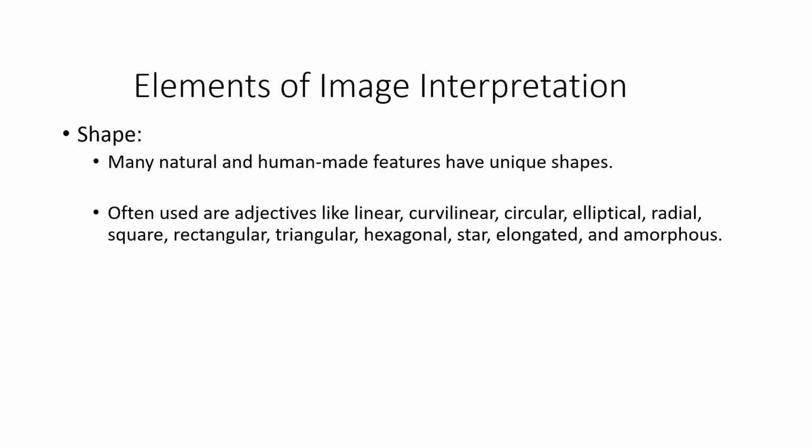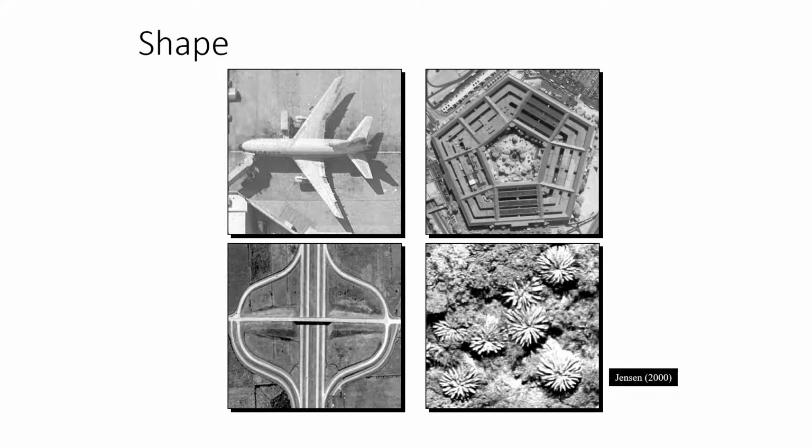When we look at image interpretation, trying to figure out what things are, shape matters. Certain shapes are unique, things that we don't typically see, that we know are man-made, that make us think about what it might be. Things like an airplane or a Pentagon are shapes that we can go, yeah, that's not normal.